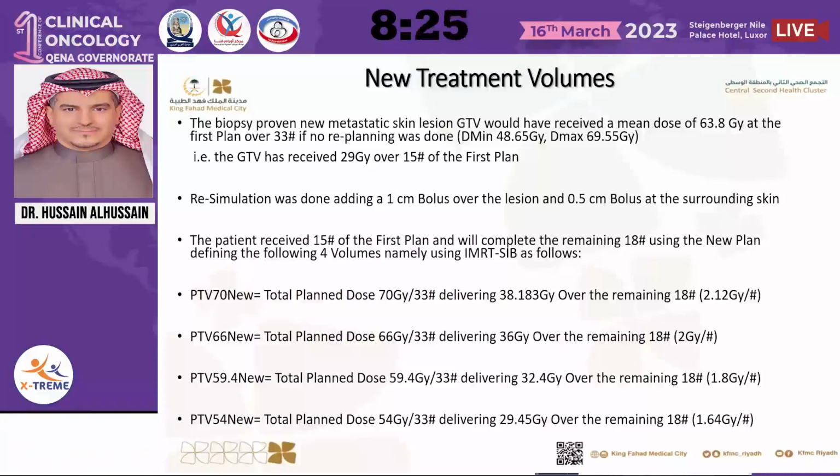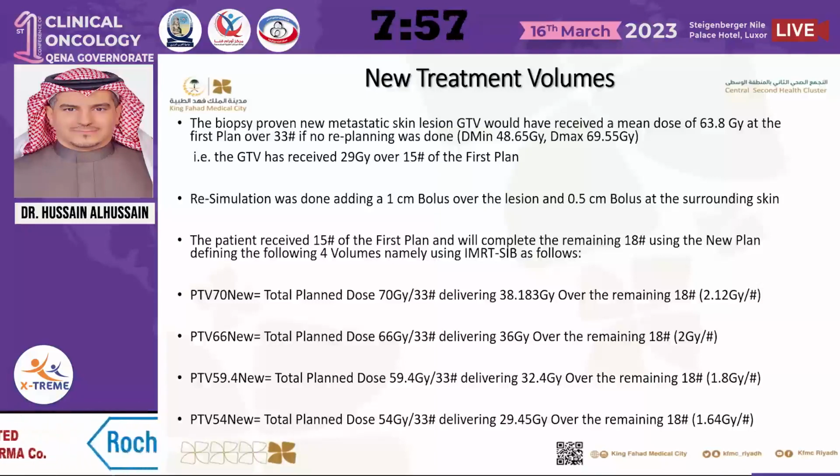The minimum dose would have been 48 gray and the maximum dose would have been 69. So we did not continue the previous plan because we have this new pathology-proven metastatic recurrent skin lesion. And the patient had received 29 gray over 15 fractions of the first plan.